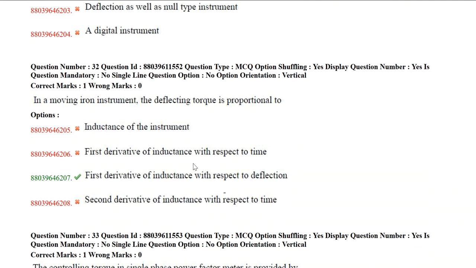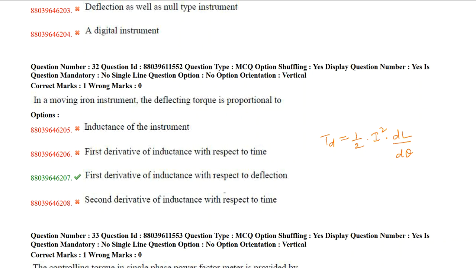Next one: in a moving iron instrument, the deflection torque is proportional to what? TD is equal to half into I square into dL by d theta.